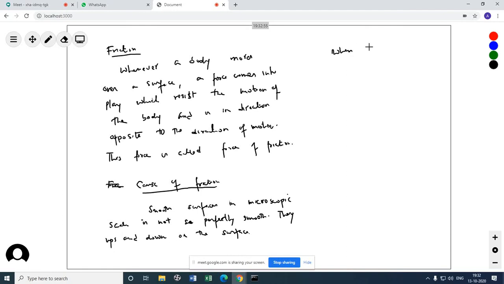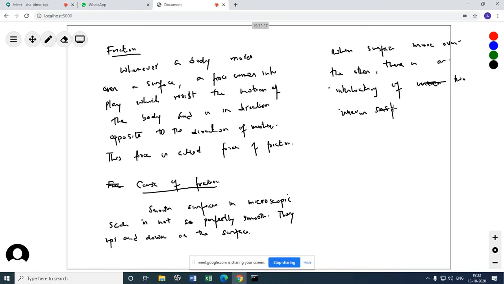When one surface moves over the other, there is an interlocking of two uneven surfaces, which results in friction.